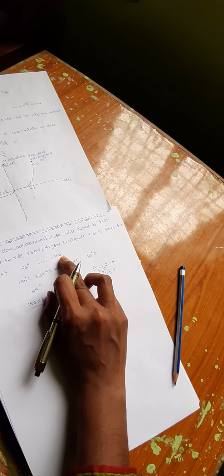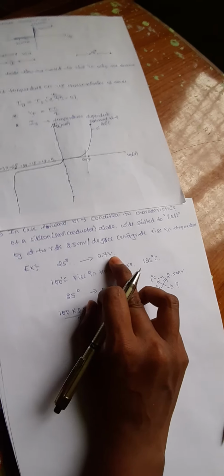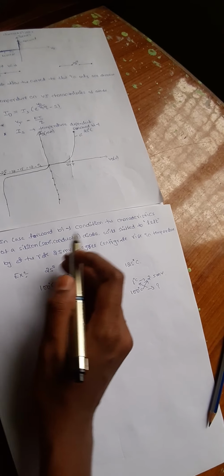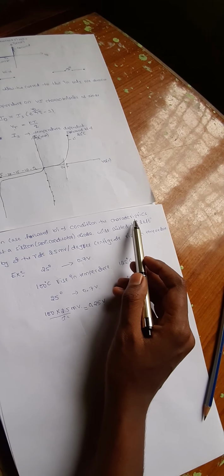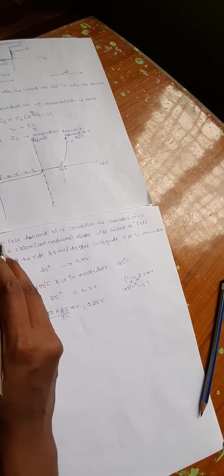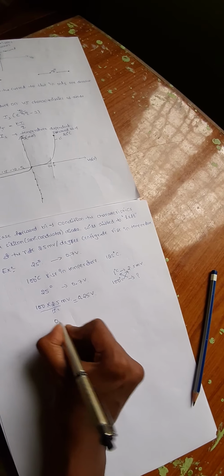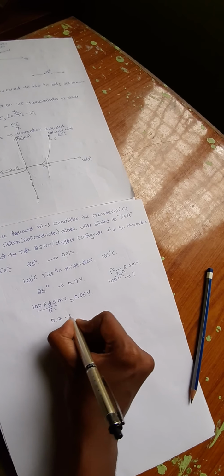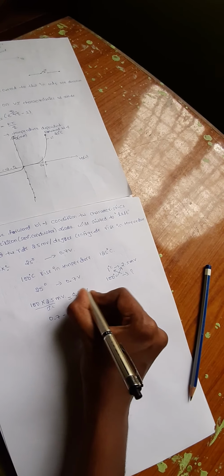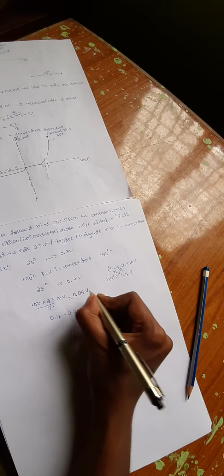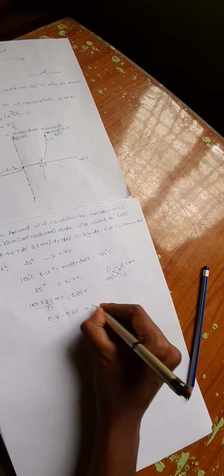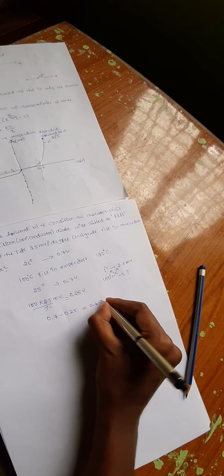For 25 degrees there is 0.7 volts, but as we know, for forward bias condition the characteristics are shifted to the left side. So this 0.7 volts minus 0.25 volts, which is due to the increment of temperature, gives 0.45 volts.